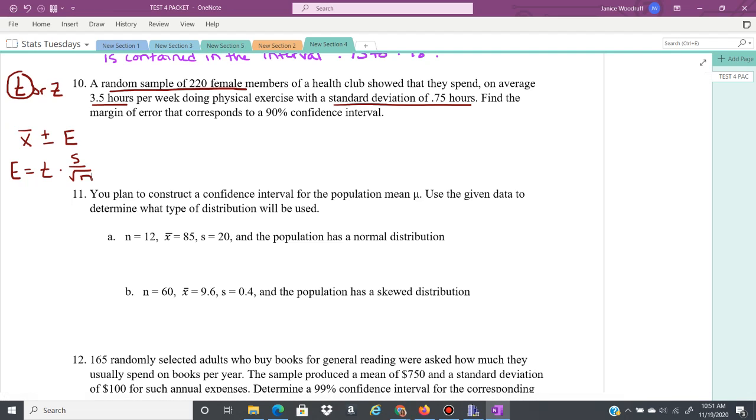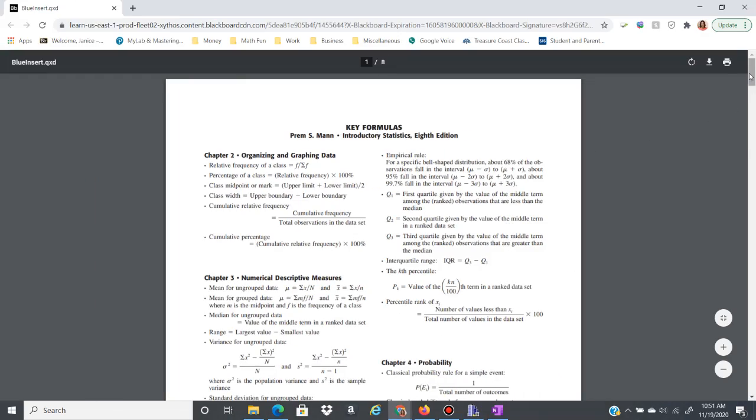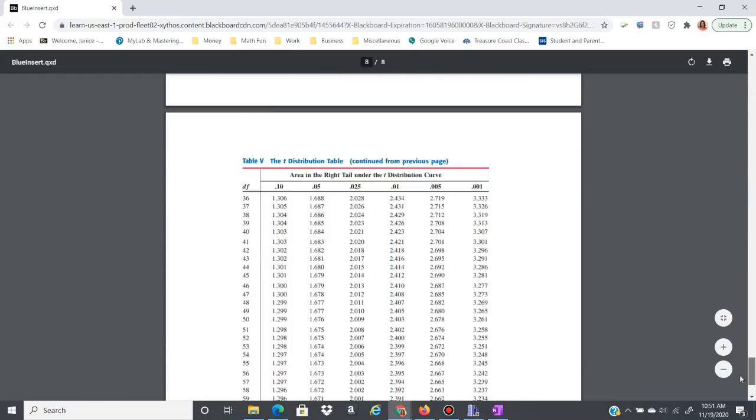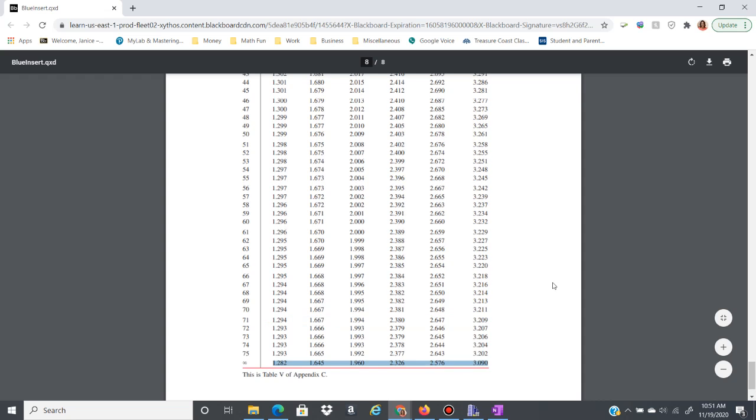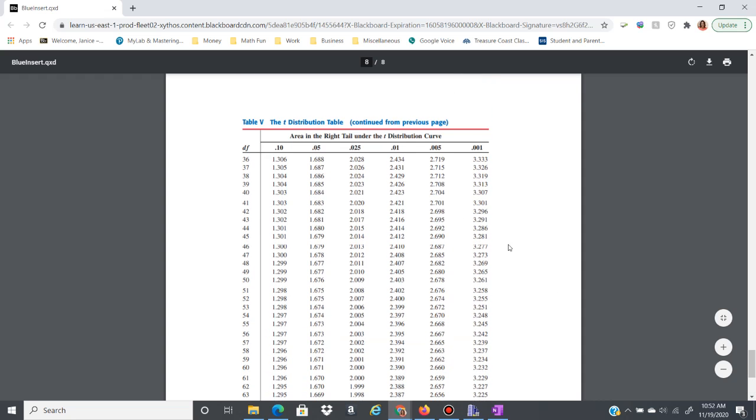Let me pull over the T table real quick. Okay, so we're using this last line here, so it's going to be one of these. Now, which one is it? That's what we need to do. Which area in the right tail of the curve?